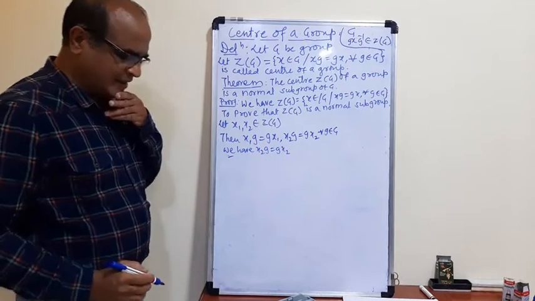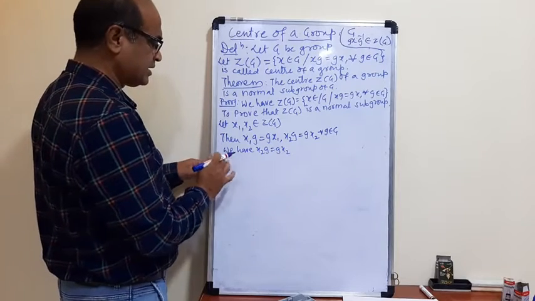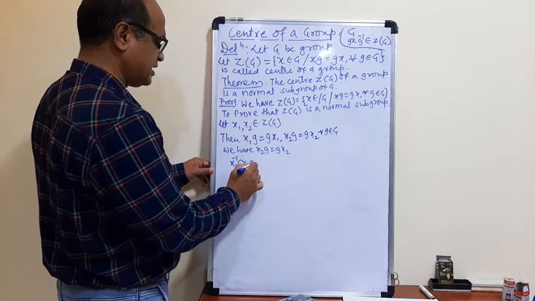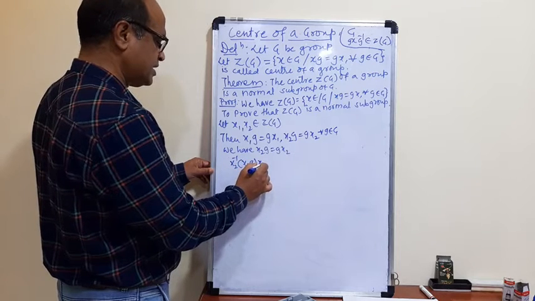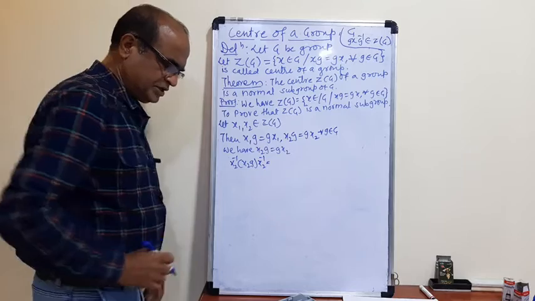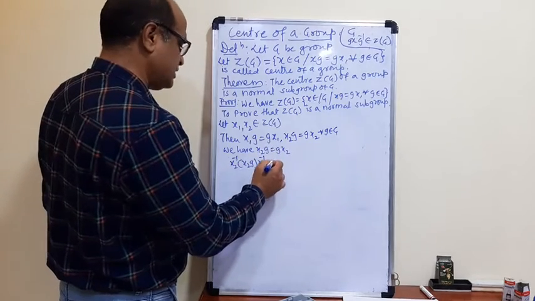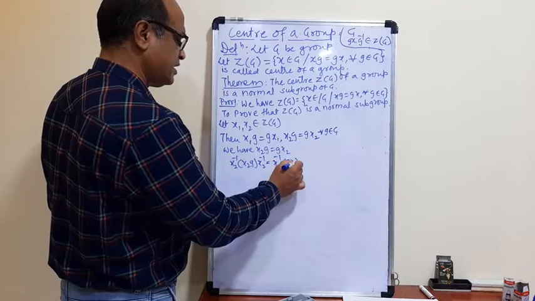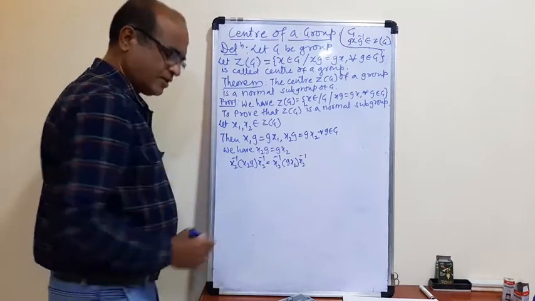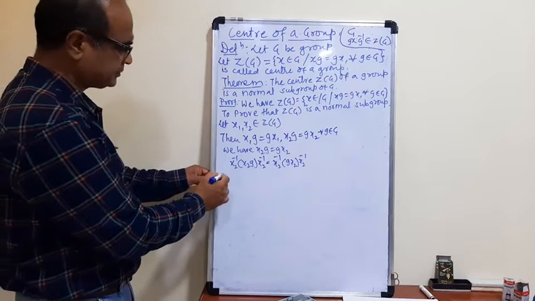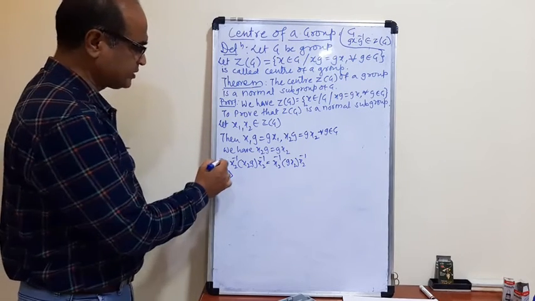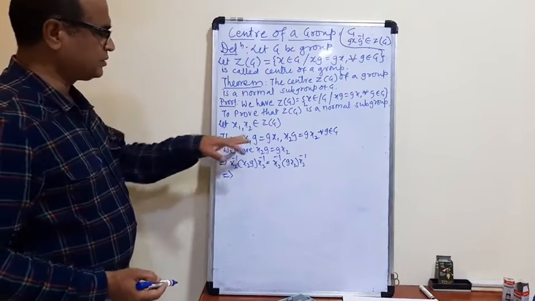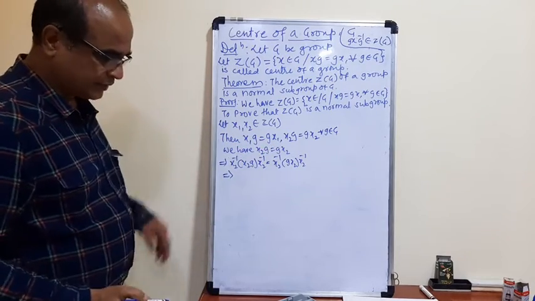Pre-multiplying this by x2 inverse, x2 inverse times x2g is equal to x2 inverse times gx2. So this implies that, multiplying x2 inverse to the left and right, to the left hand side and the right hand side, we get this here.